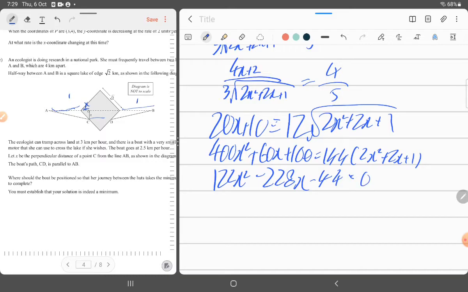Is that all divisible? No, that's not all divisible by 4. Is it? No, it's not. 61x squared, take away 11 is equal to 0.